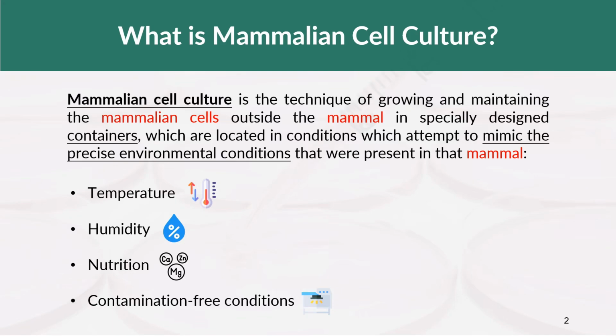Mammalian cell culture actually involves growing and maintaining cells which are derived from mammals in a controlled environment outside of their natural habitat, so typically in a laboratory setting. The conditions within the culture system are normally very carefully controlled to mimic the physiological environment of the cells when they are found within the mammal's body as closely as possible.